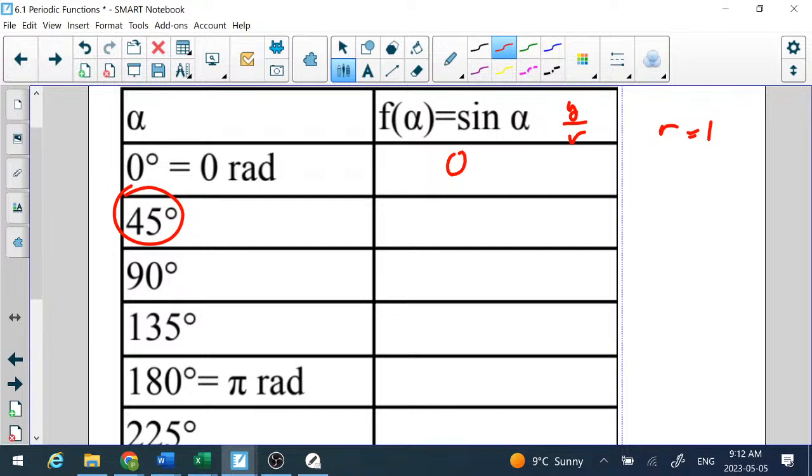So what's our answer? Yes, because the y is root 2 over 2 and r is 1. Pretty easy. All right, next one. Isaac, at 90 degrees, what's the y value? And what's the r value again? The radius of the circle is? Yeah, so you got 1 over 1. Boom. How easy is this?